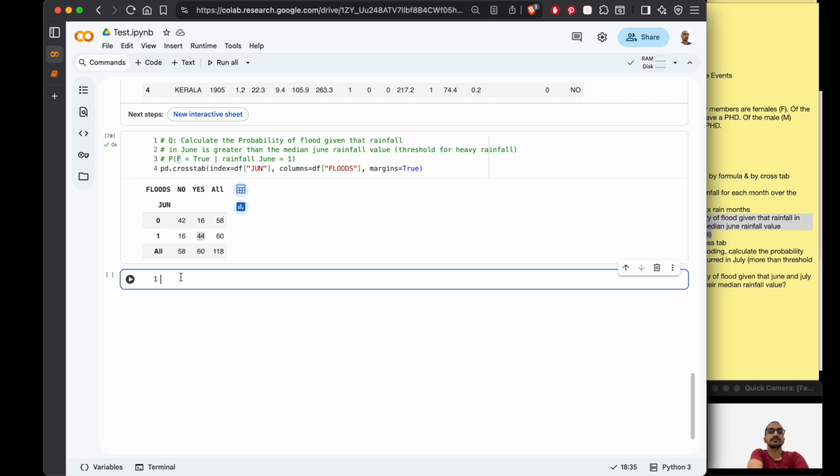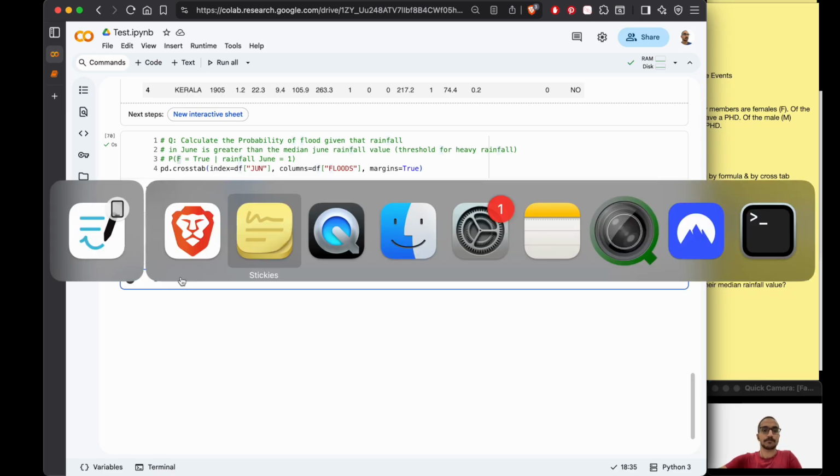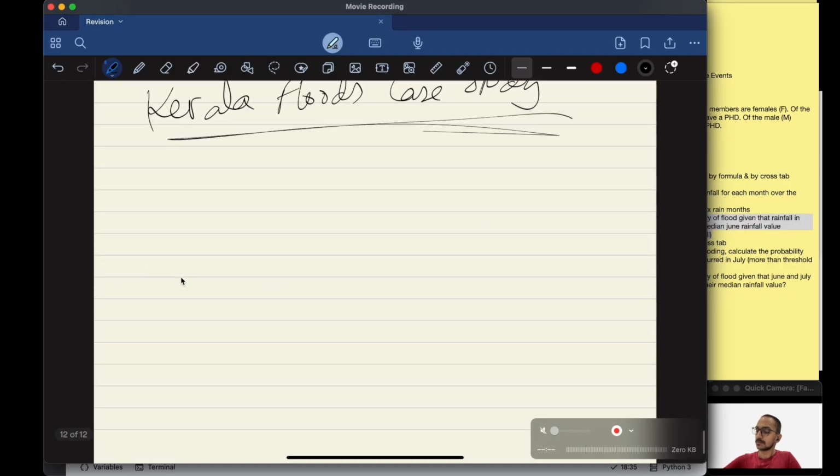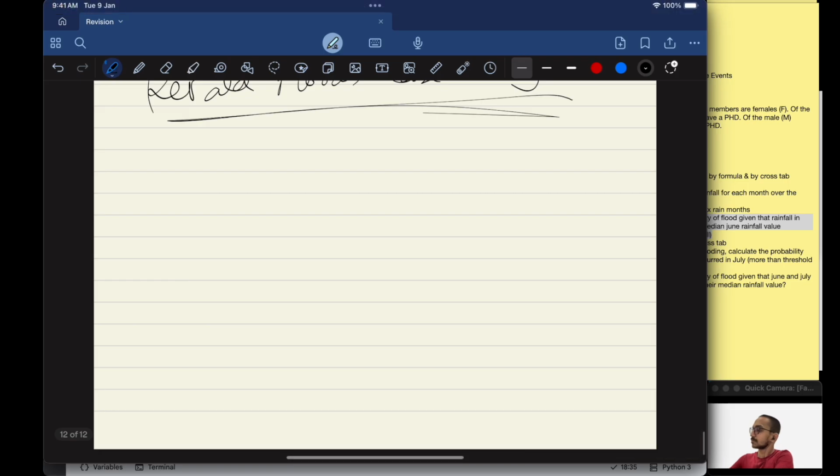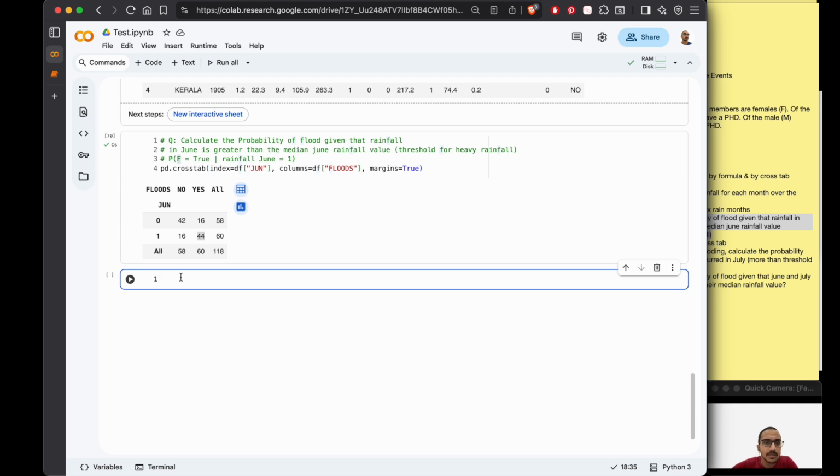So calculate the probability of flood given that rainfall in June is greater than the median. So let's calculate. Okay, so what is it?